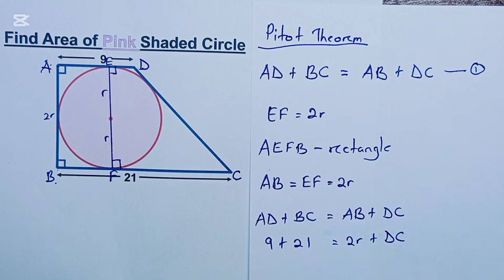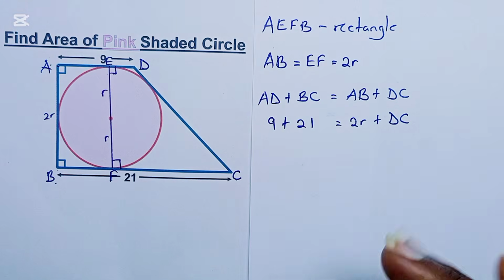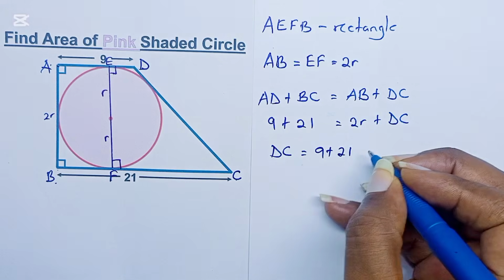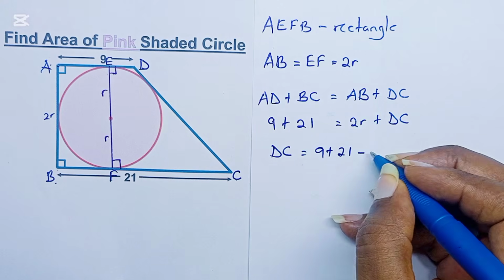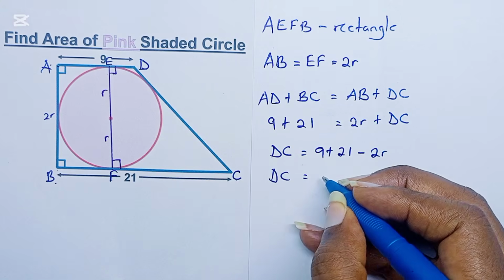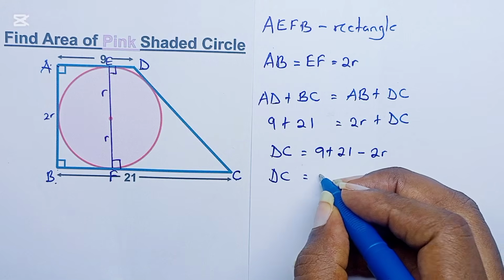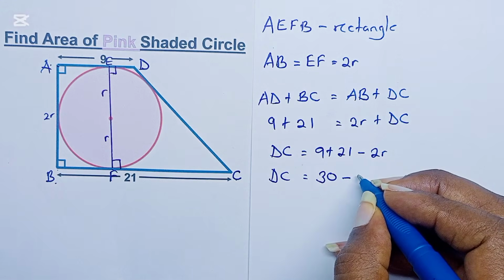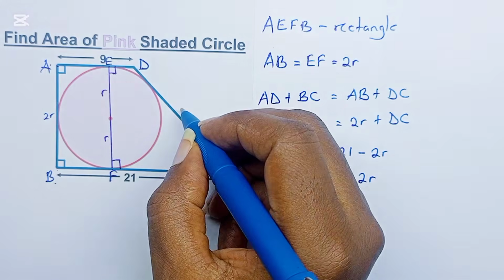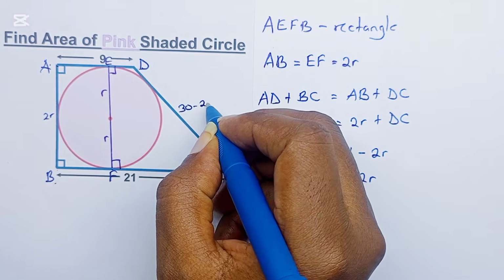So we make DC the subject. DC is equal to 9 plus 21, and when 2r crosses, it becomes minus 2r. And so DC is equal to 9 plus 21, which is 30, minus 2r. Therefore, this line DC is 30 minus 2r.